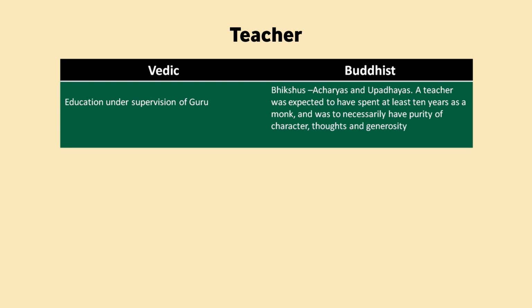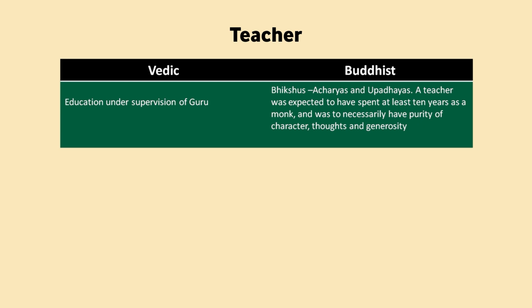Whereas in the Buddhist system, the bhikshus or monks are of two types. One is the acharya, who gives importance to skill training, and the other is the upadhyaya, who gives more importance to knowledge along with information. Both these teachers were teaching and supporting the students all the time.